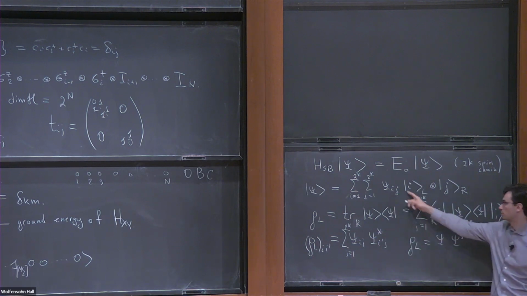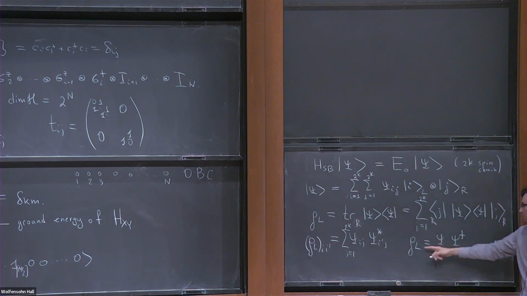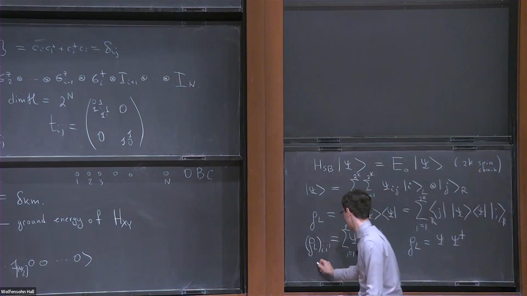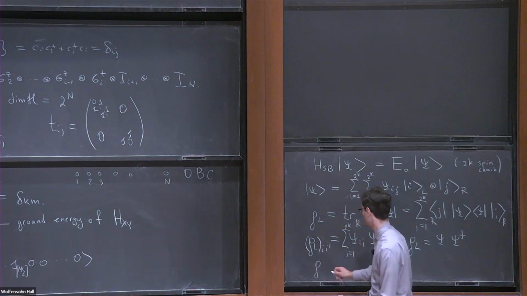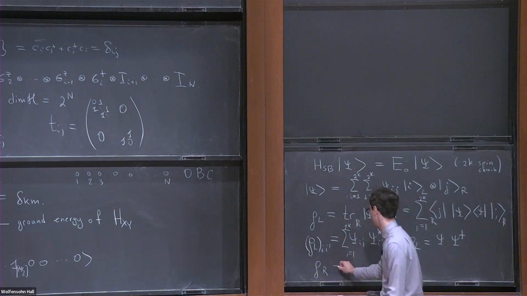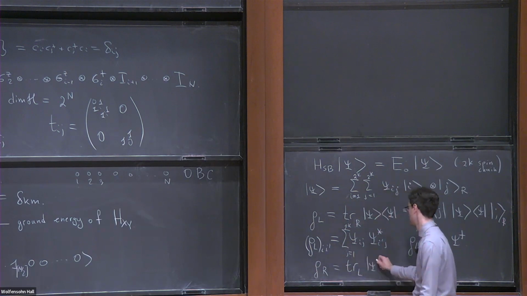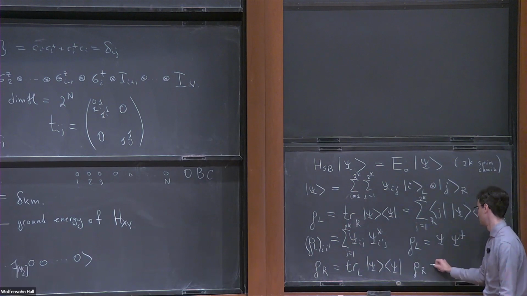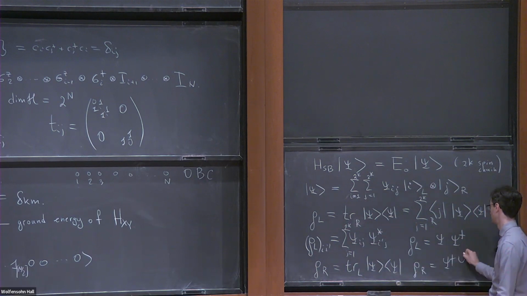So I can think about the state as a matrix, and I can build the density matrix of the left system as psi psi dagger. Similarly, I can build the density matrix of my right block, tracing out the system or left block. In matrix notation, this will be psi dagger psi, transposed.